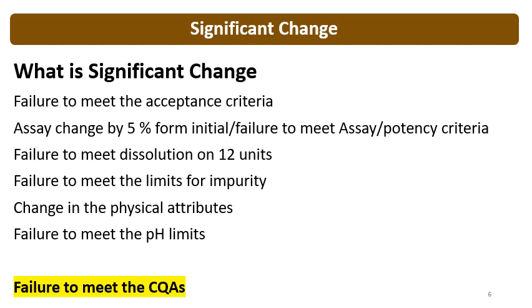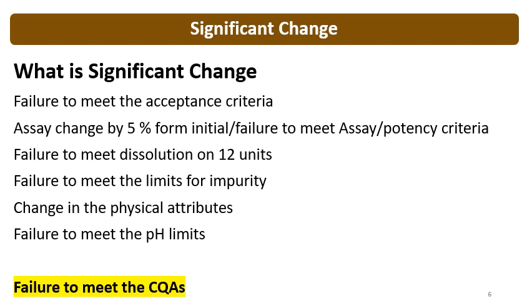Also sometimes the impurity qualification goes in parallel with the stability studies, and if you found that the impurity qualification limit is increased due to qualification of the impurity, then it should not be considered as a significant change. So that is also a different topic, but always understand what can be the significant change and what will not be the significant change. Then change in the physical attributes will be a significant change.